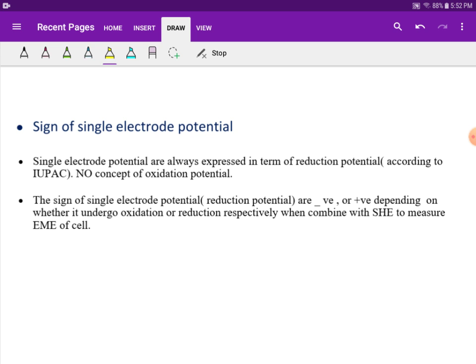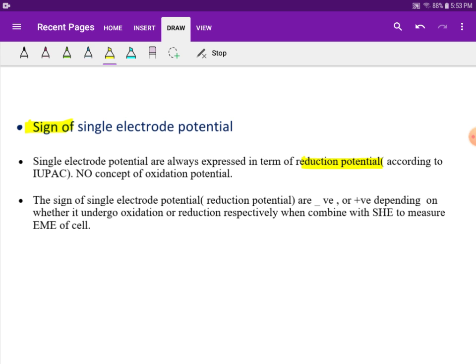Then, the sign of single electrode potential. That's very important, and students, you should avoid confusion in the sign of the single electrode potential. Nowadays, single electrode potentials are always expressed in terms of reduction potential.